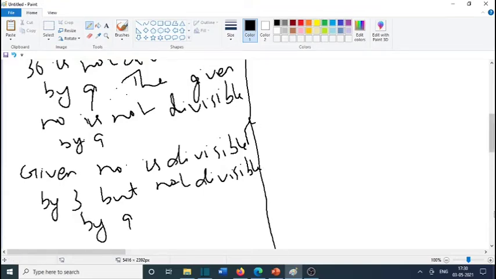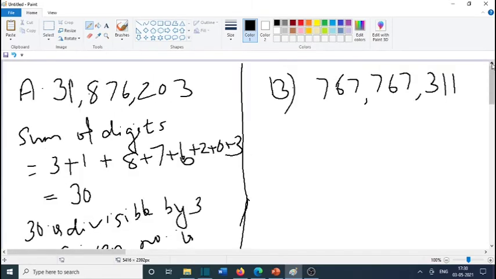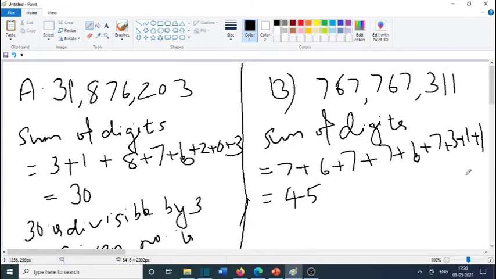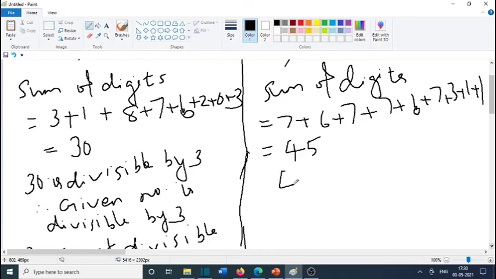Now in the second problem, the sum of digits is 7 plus 6 plus 7 plus 7 plus 6 plus 7 plus 3 plus 1 plus 1. 7 plus 6 is 13, 13 plus 7 is 20, 20 plus 7 is 27, 27 plus 6 is 33, 33 plus 7 is 40, 40 plus 3 is 43, plus 1 is 44, plus 1 is 45. 45 is divisible by 3 and 9.